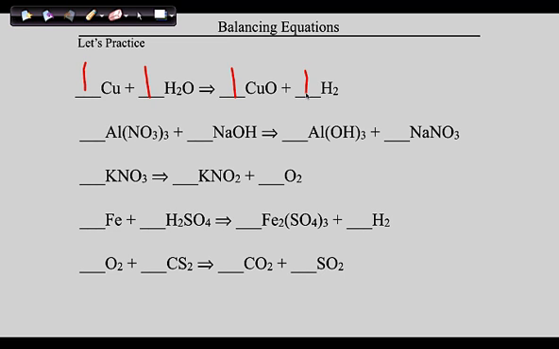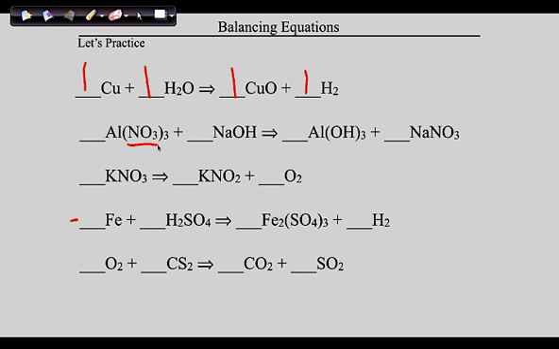This is where this gets a little more challenging. So here we go. Aluminum's on the left, 1. Aluminum's on the right, 1. Now guys, watch. Nitrogen's on the left. And it's at this point, guys, that you need to see something important. Yes, this is nitrogen, but that nitrogen is tied up in a polyatomic ion, which I think you know to be nitrate. So now you ask yourself this question.